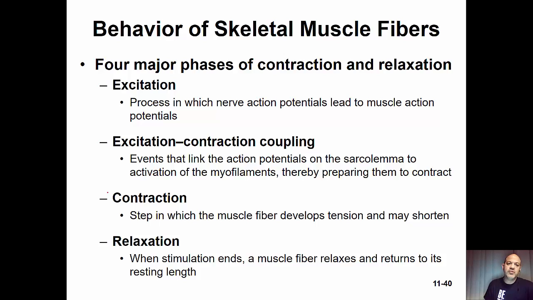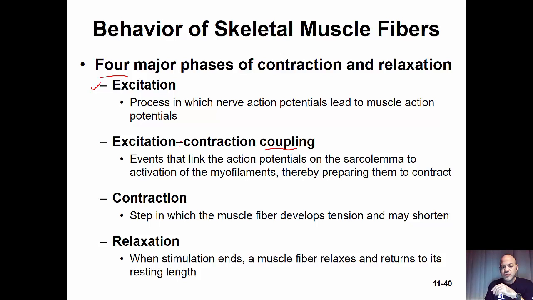So muscles are going to contract in four phases. One is excitation. Then we're going to go through a situation where we make a connection between excitation, which is the action potential on the membrane, and connect that to the contraction.